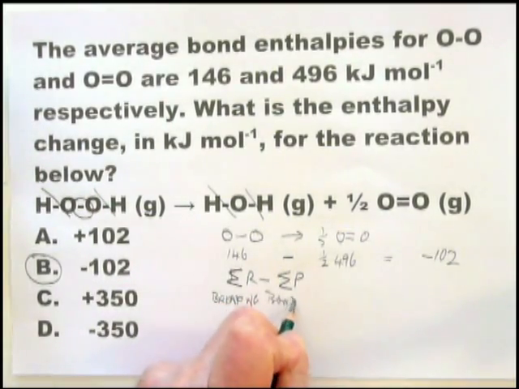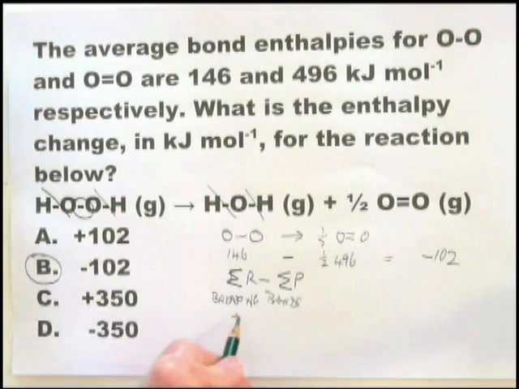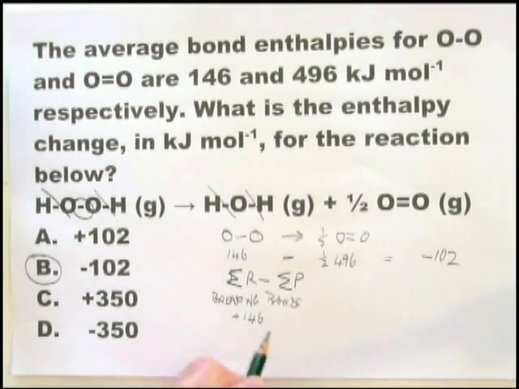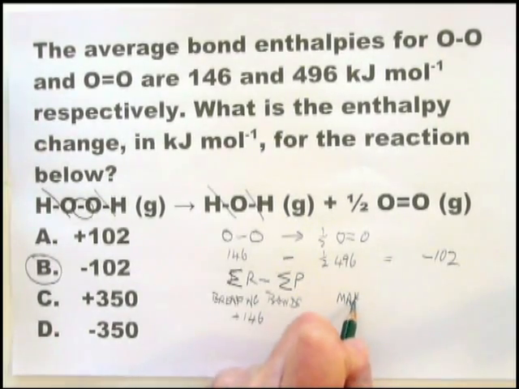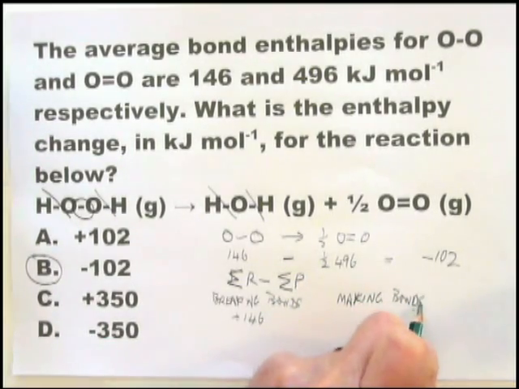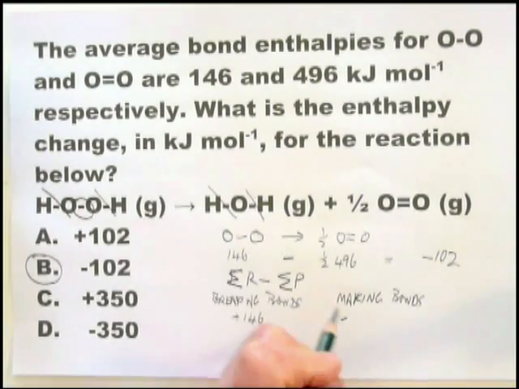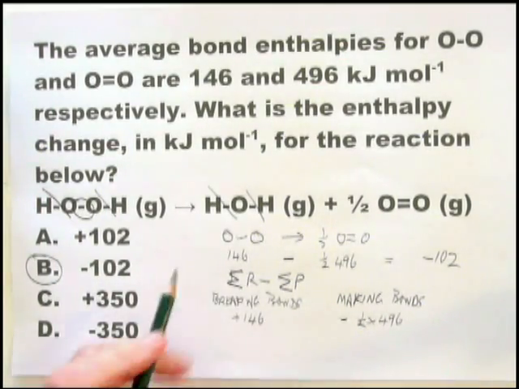If this was a Paper 2 question, you'd write it down: breaking bonds plus 146, and making bonds minus half times 496.